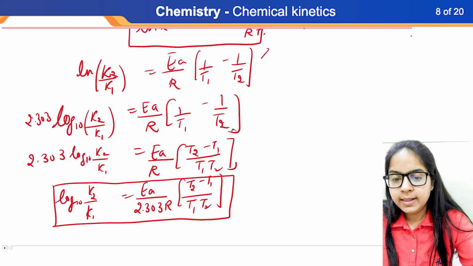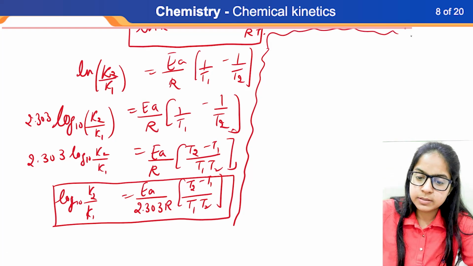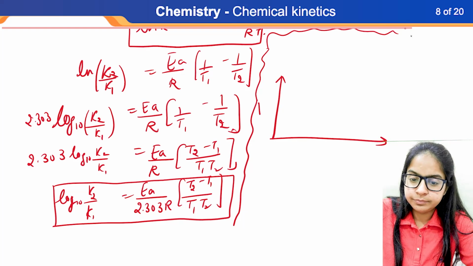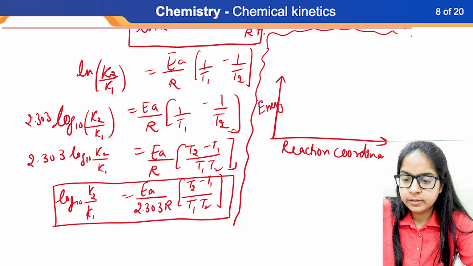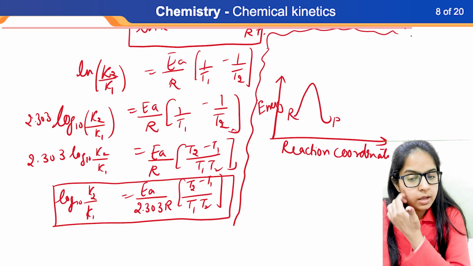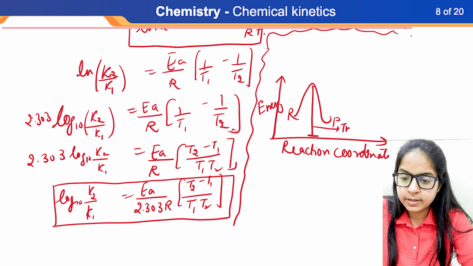Now again, let me explain the activation energy. This is my energy profile diagram. This is my reaction coordinate. This is the energy of the reactant. This is the energy of the product. See, this is my threshold energy.